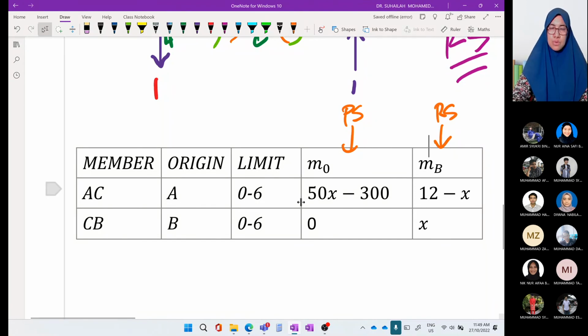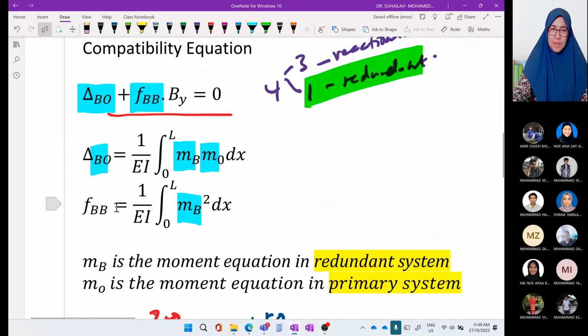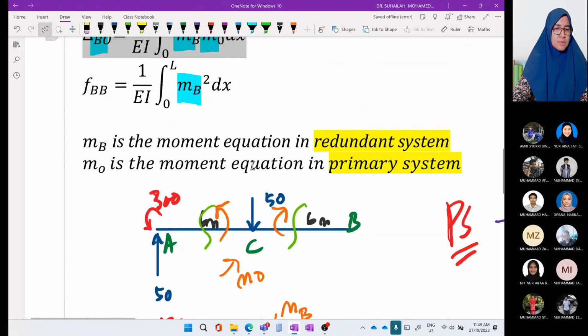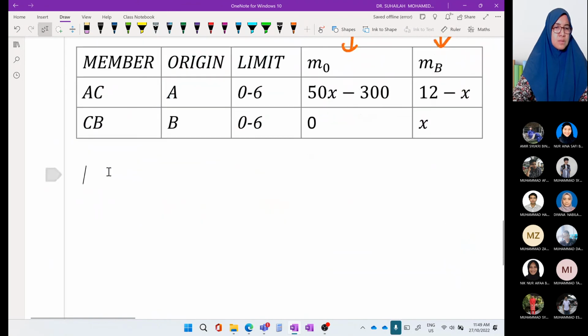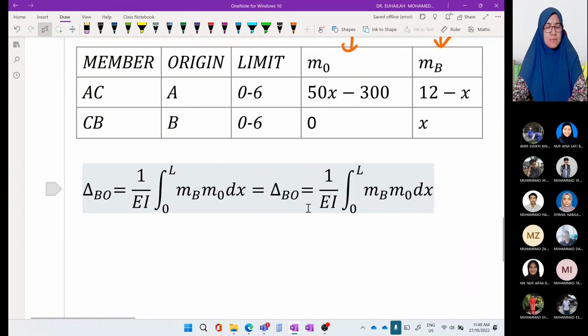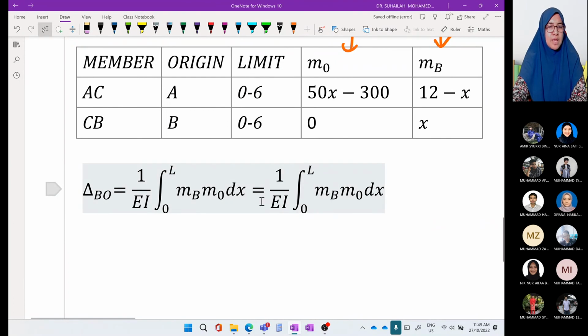What we need to do after this is substitute into the formula. Actually, you don't need to rewrite the equation.